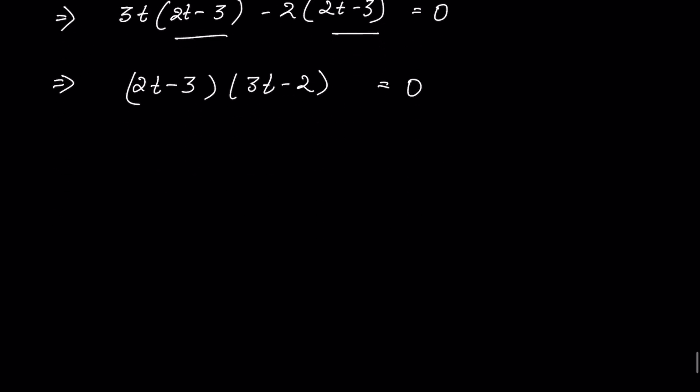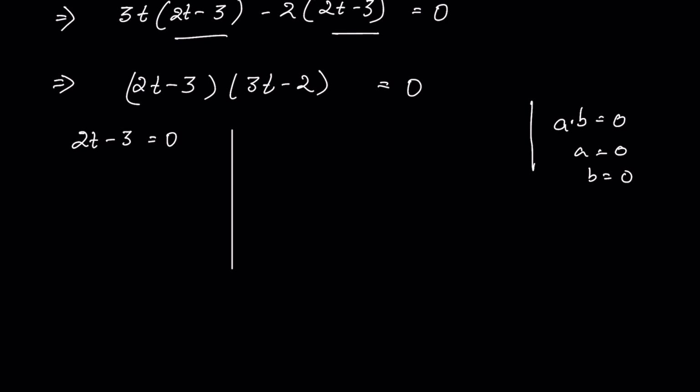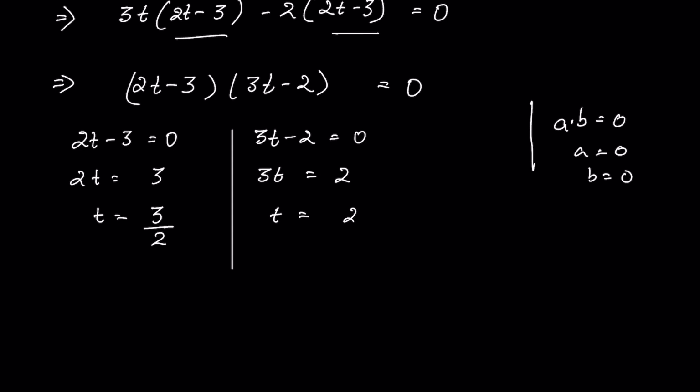Now when a times b equals 0, then either a equals 0 or b equals 0. So we have two solutions here. When 2t minus 3 equals 0, then 2t equals 3, or t equals 3 upon 2. And when 3t minus 2 equals 0, then 3t equals 2, or t equals 2 upon 3.